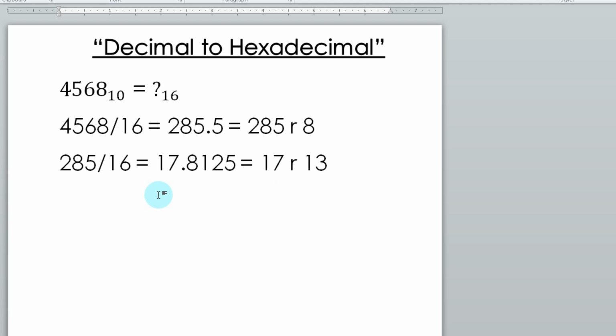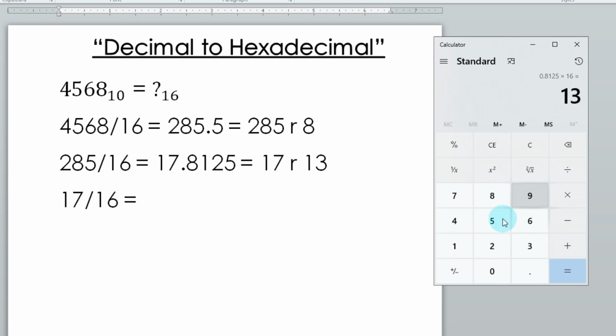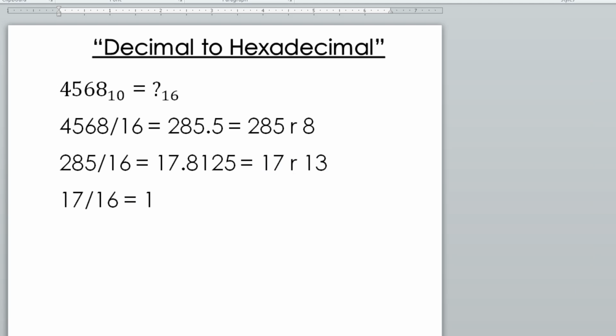Next, we continue this process until we get a whole number of 0, because when we get the whole number 0, that is where we stop. So we still have 17 here. Let us divide it by 16. 17 divided by 16 is 1.0625, and the whole number is 1.